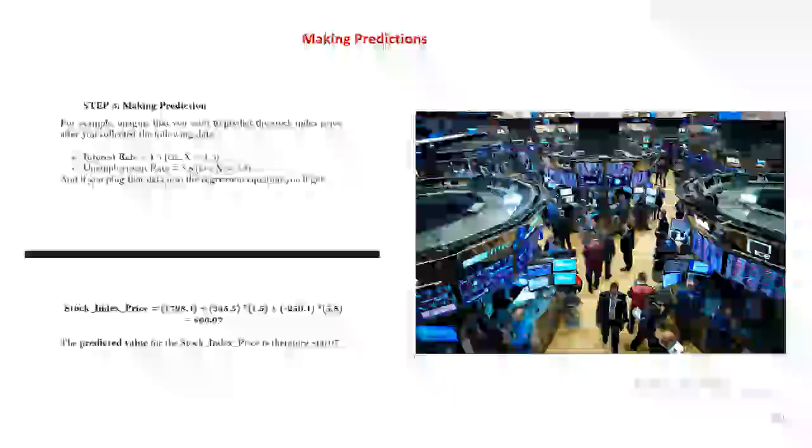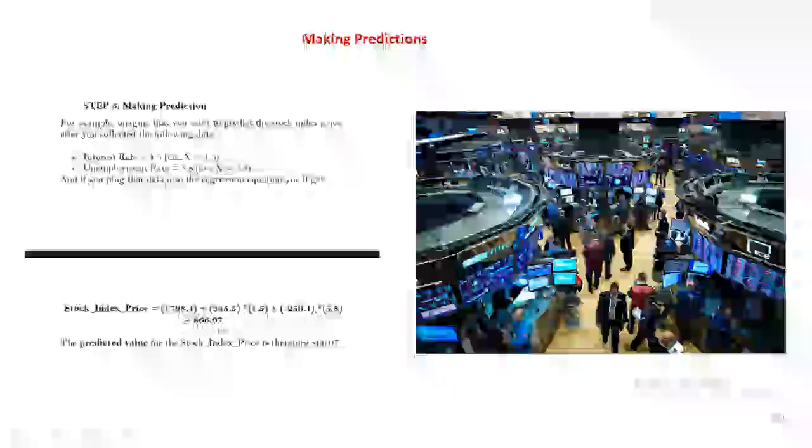Let's say the interest rate is given as 1.5 and the unemployment rate is 5.1. What will be the stock index price? You simply put in all the values and you will get a stock index price of 866.0.